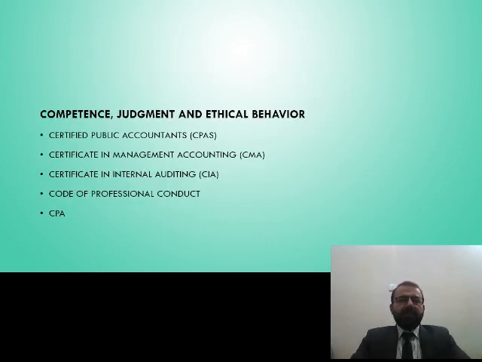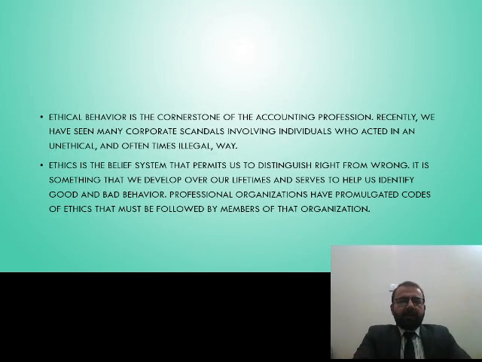Competence, judgment, and ethical behavior. Certified Public Accountants, Certificate in Management Accounting, Certificate in Internal Auditing, Code of Professional Conduct, and CPA. Ethical behavior is the cornerstone of the accounting profession. Recently, we have seen many corporate scandals involving individuals who acted in an unethical and often illegal way.